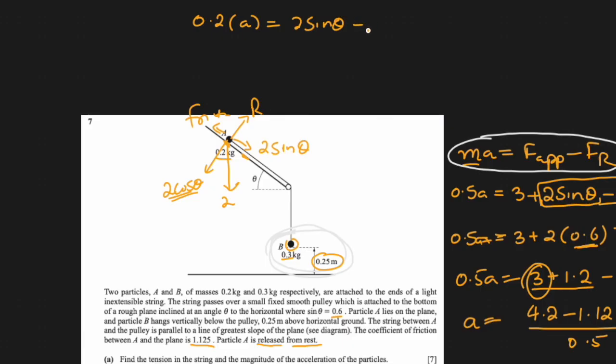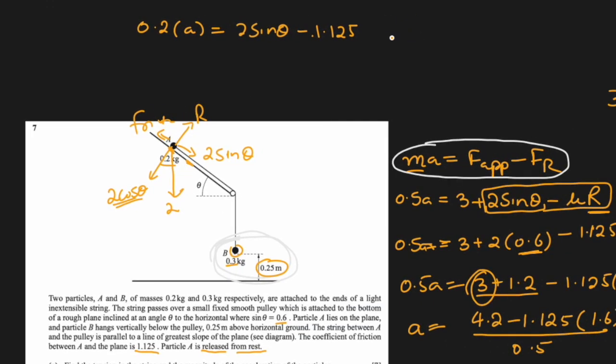minus 1.125 2 cos theta. Yeah, that was our normal contact force. Right? So acceleration comes out to be 2, and sine theta was 0.6.